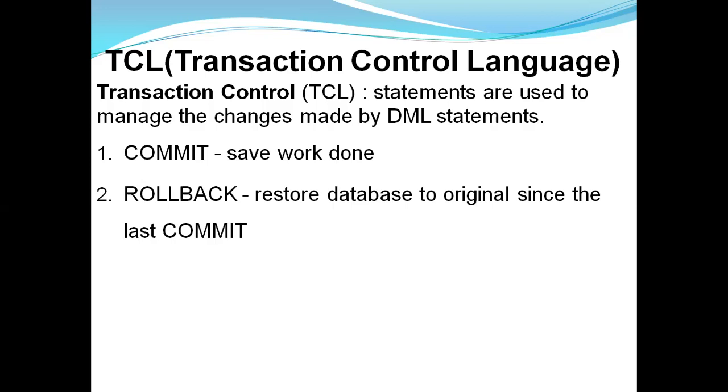In the Word document, we have two things: one is undo and one is save. What does undo do? What you have done is reversed. And save is nothing but what you have done is completed. Simple. So commit is committing the work done, and rollback is reversing the work done. That's called commit and rollback.